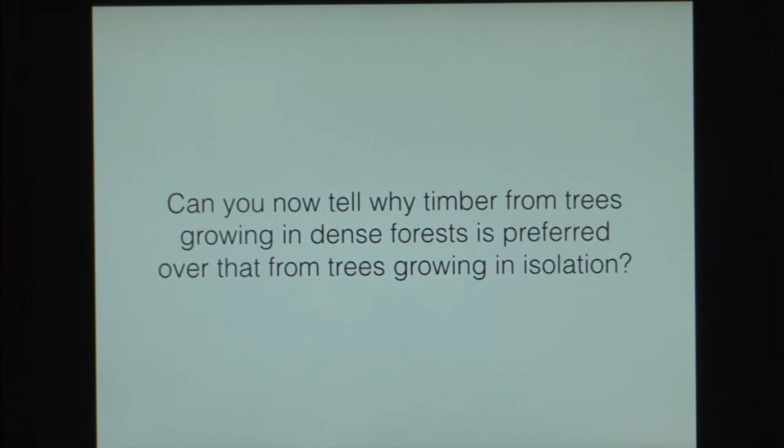Using Metzger theory, yes, you can tell, because in a dense forest your trees will have less taper and greater heights as compared to trees growing in isolation. So, Metzger theory is a very important theory which has huge ramifications in the science of forestry.